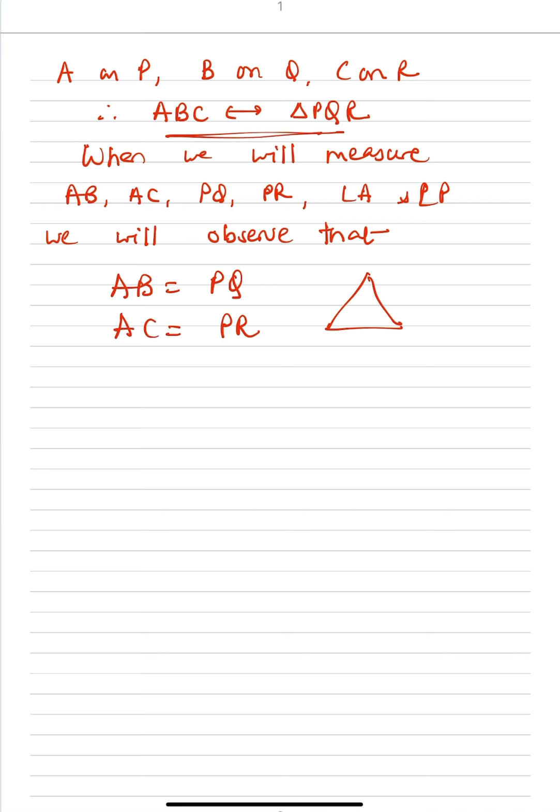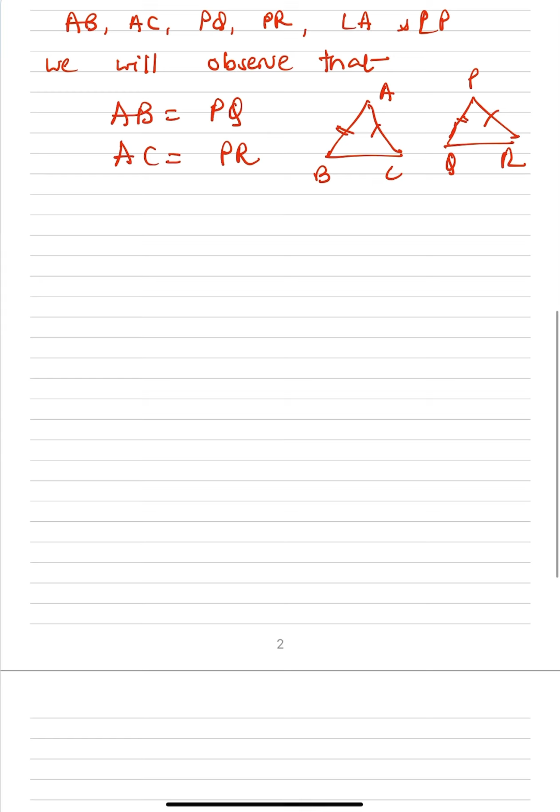Let us draw the triangles here, ABC and PQR. And we can also see that angle A will be equal to angle P. So we have proved the correspondence.